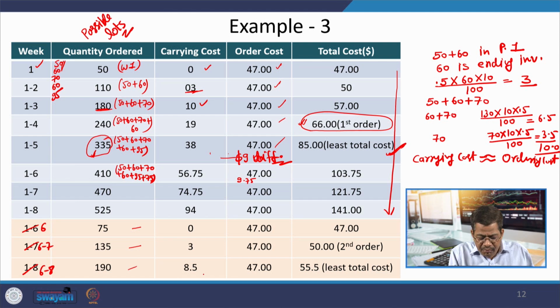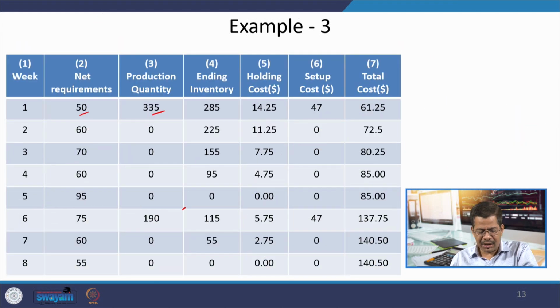And here the difference is minimum in this particular case, though it is a huge difference, and it is possible to do much better calculation if I have data for more subsequent periods, then I will have a bigger lot size. But considering the limitation of data at the moment, I have the second order quantity as 190, and here you see my total cost is coming 140.50.